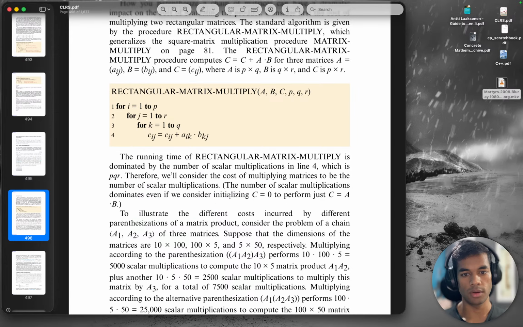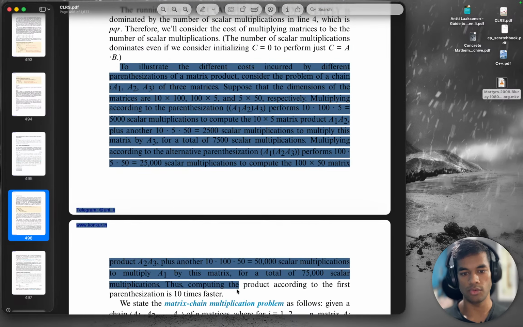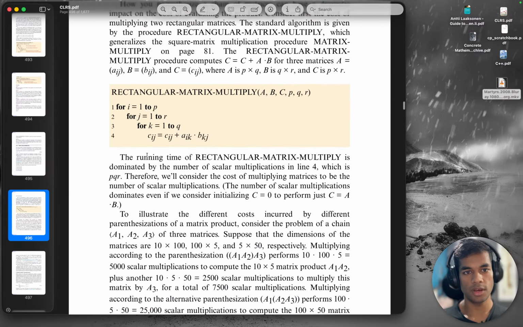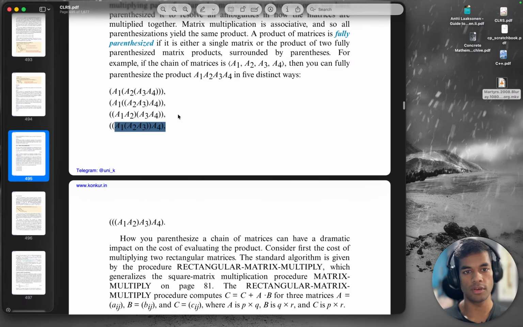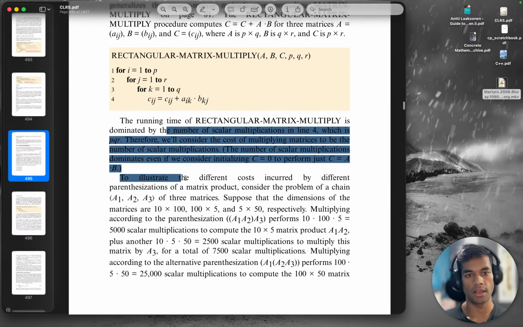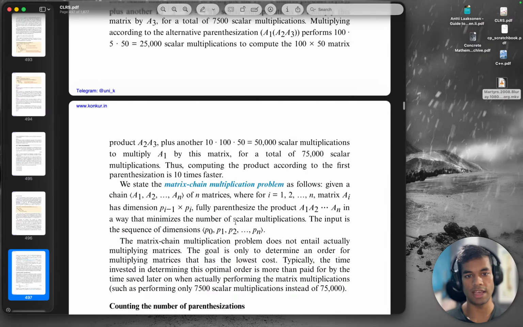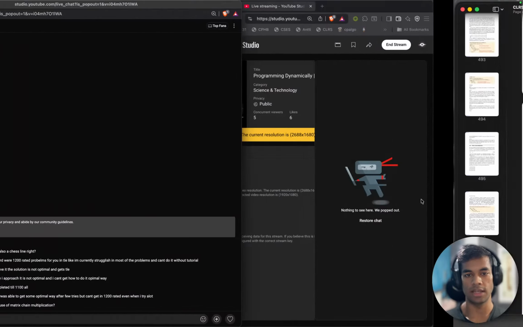They also give us an example in which we see that changing this order does change the number of multiplications that we have to do. So we have to find an order in which the number of scalar multiplications is the least, and that is all we have to do. And that is cool.